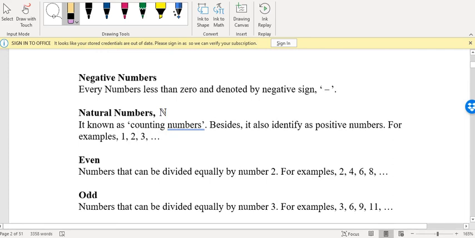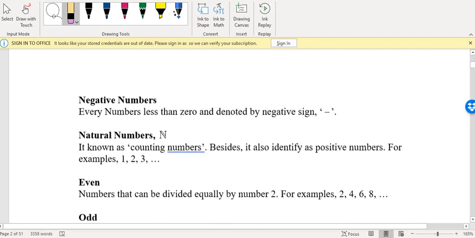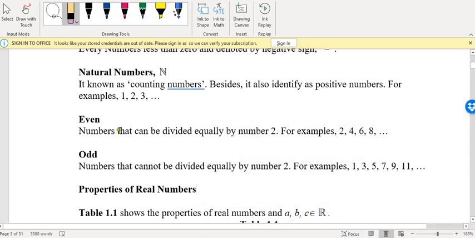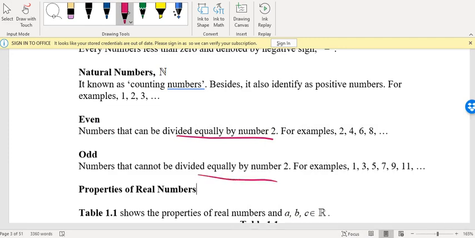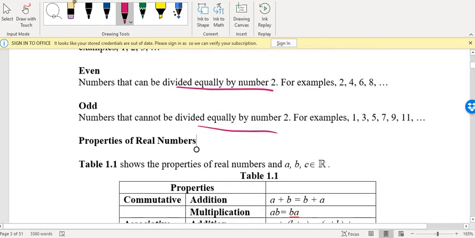Natural numbers, as I said, are counting numbers, that is either even or odd. Even means it can be divided equally by 2, and odd means it cannot be divided by 2. Is it okay? So now let's proceed with the properties of the real numbers.